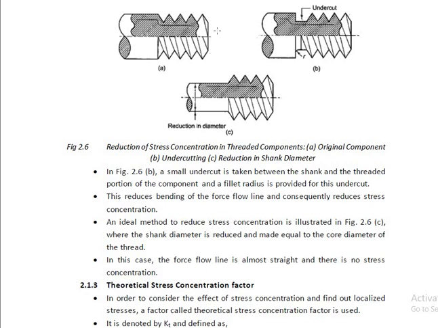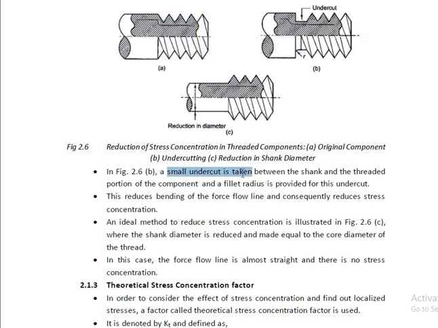To reduce this stress concentration in the threaded member, the first method is the provision of an undercut before this threaded portion. A small undercut is taken between the shank and the threaded portion. You know that this portion is known as the shank, and this portion is known as the threaded portion.